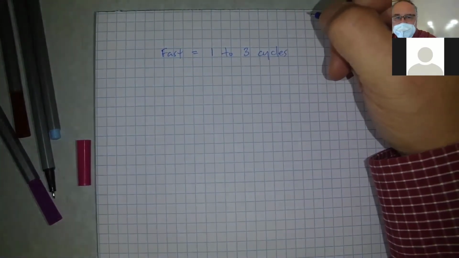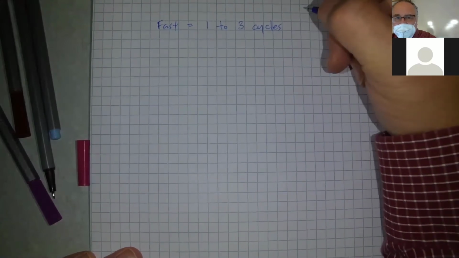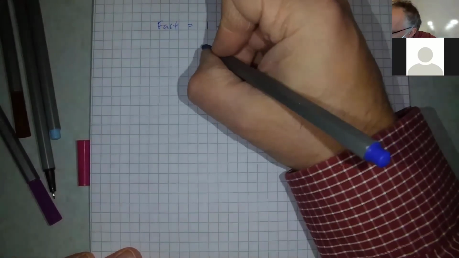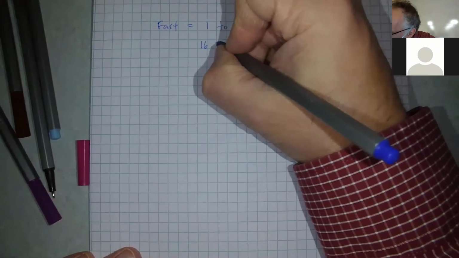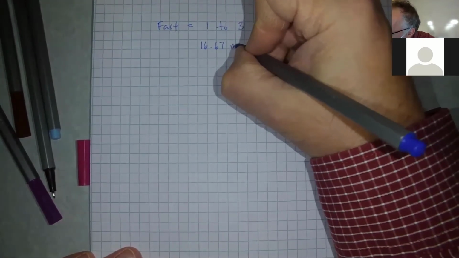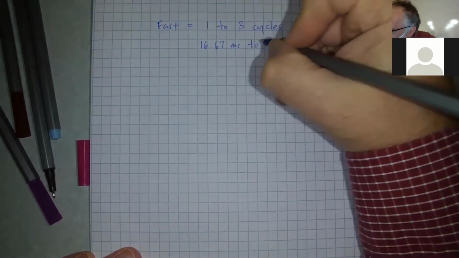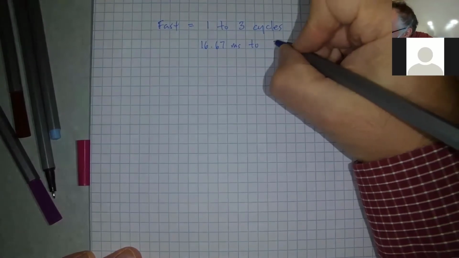Okay. So 1 cycle is 16.67 milliseconds. 3 cycles is 50 milliseconds.